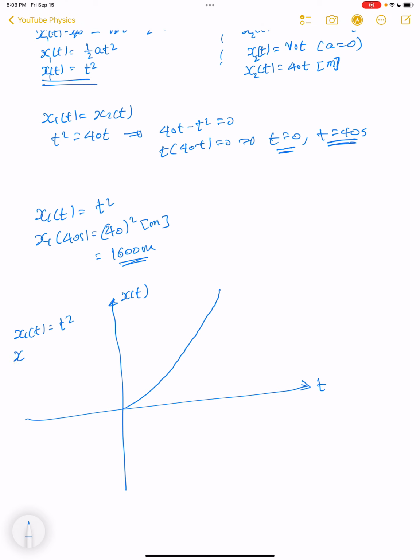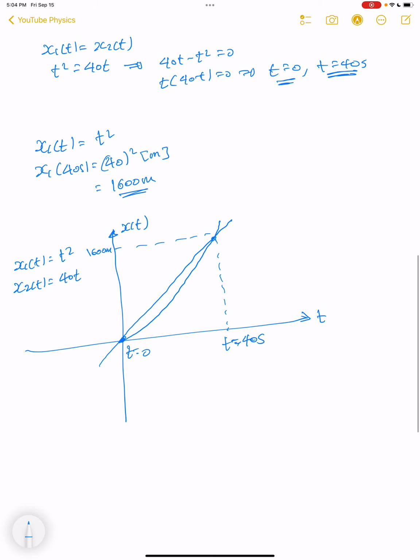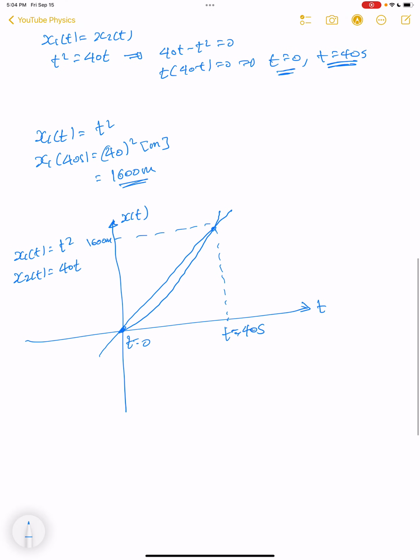And x2 of t is 40t, which is a linear equation, so it goes through the origin. They meet at t equals 0, and the next time they meet is at t equals 40 seconds, when the position is 1,600 meters. So this is how you solve it, and expressing this as a function of time helps you simplify it.